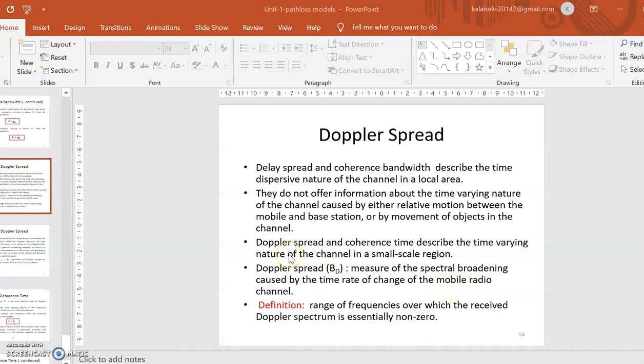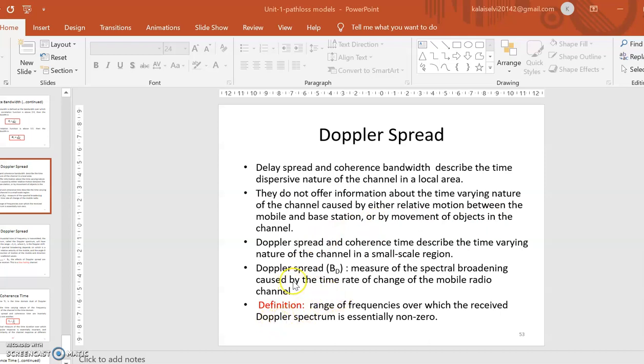Doppler spread and coherent time say about the time varying nature of the channel. Delay spread and coherent bandwidth say about the dispersive nature of the channel. Doppler spread and coherent time are due to the motion of the mobile as well as of the base station, or the movement of objects in the channel.